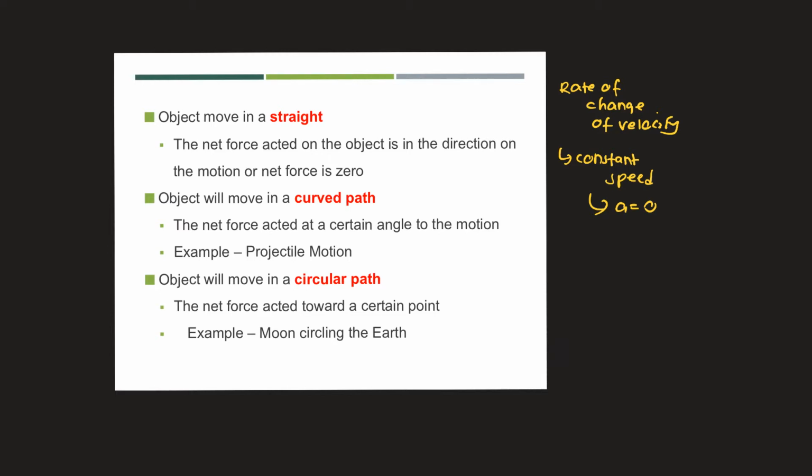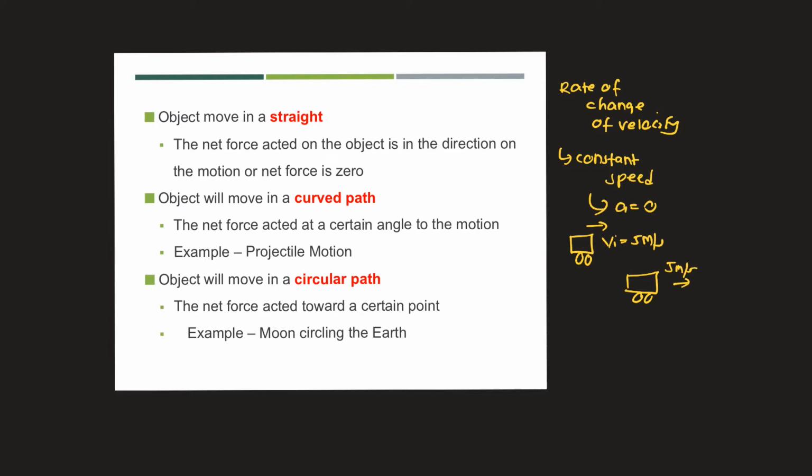Let me show you an example of how the change of direction can actually produce an acceleration. Example, if we have one car moving with the initial velocity of 5 meters per second to the right, and then it is continuously moving to the right with 5 meters per second also to the right.